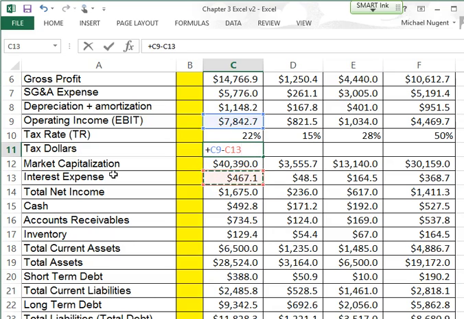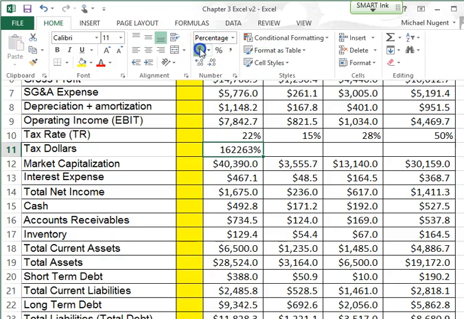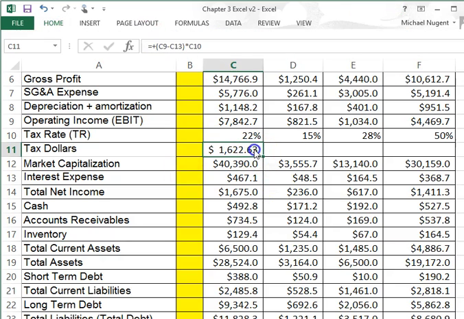Because interest is a deduction. And then I'll multiply by my tax rate. Do my parentheses. And change that, should not be a percentage. Okay. This is going to be.